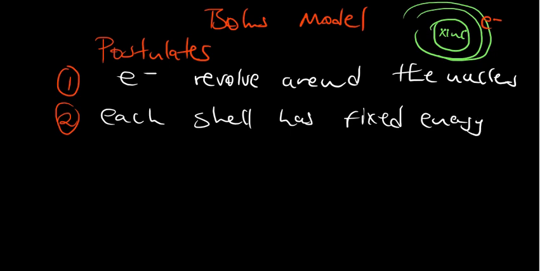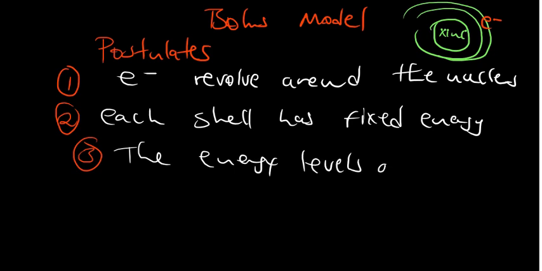They are known as orbits, shells or energy levels. Number three, the energy levels are represented by integers. That's why we say n is equal to 1, n is equal to 2. So the energy levels are represented by integers known as the quantum numbers.